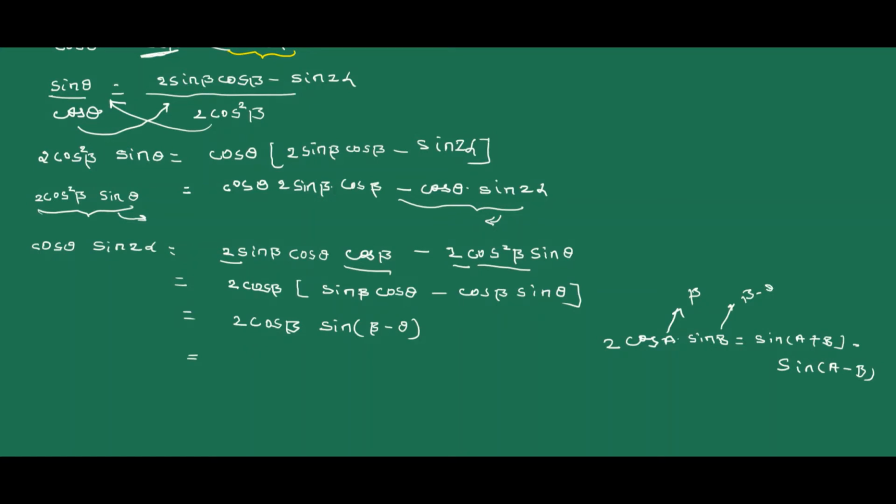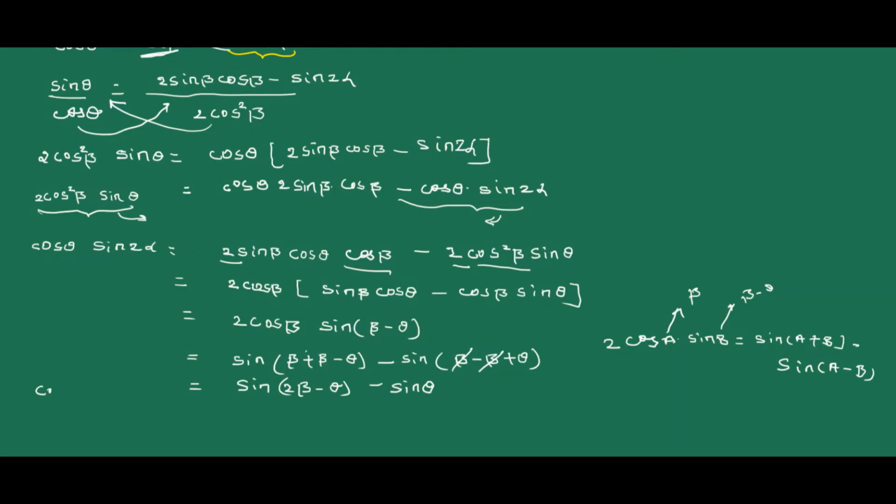If you substitute, you will get sin into bracket a plus b, beta plus beta minus theta, minus sin a minus b, means we can write beta, minus b means multiplying with minus sign, minus beta and plus theta. So this is equal to sin beta plus beta minus theta is 2 beta minus theta, minus plus beta and minus beta get cancelled. We are left with sin theta only.